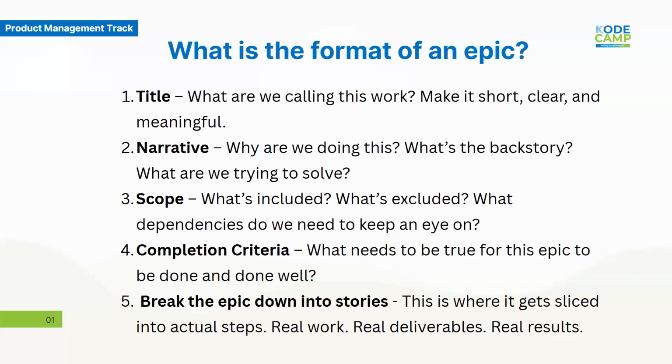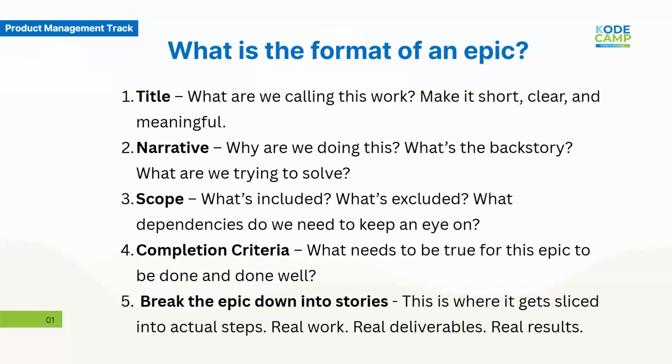They can break your timelines, they can block your progress without any warnings, right? So if your epic relies on another team finishing something first, please say it at the very beginning.